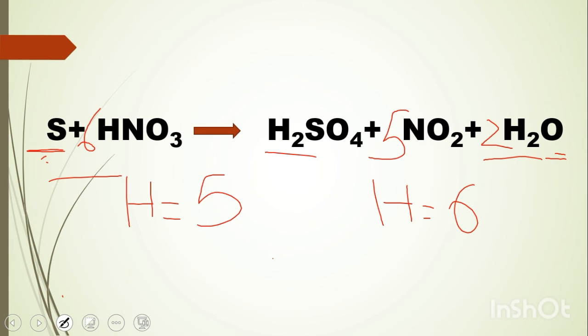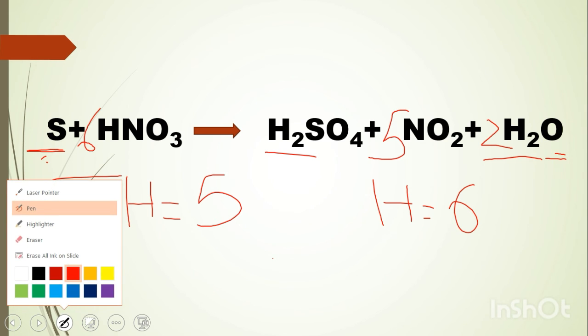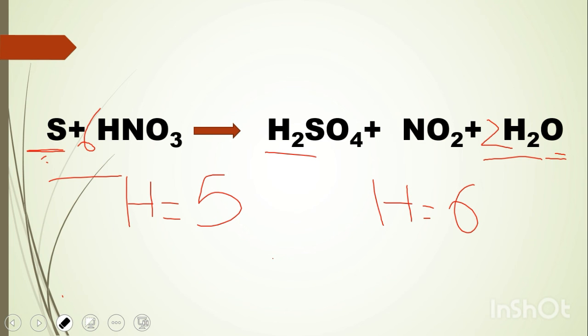We got sulfur 1, nitrogen 5. So moving toward nitrogen, simply raise it and multiply this again with 6. Sulfur 1, nitrogen 6, hydrogen 6, and first we have to balance the oxygen. Oxygen here is 6 times 3, which is 18.